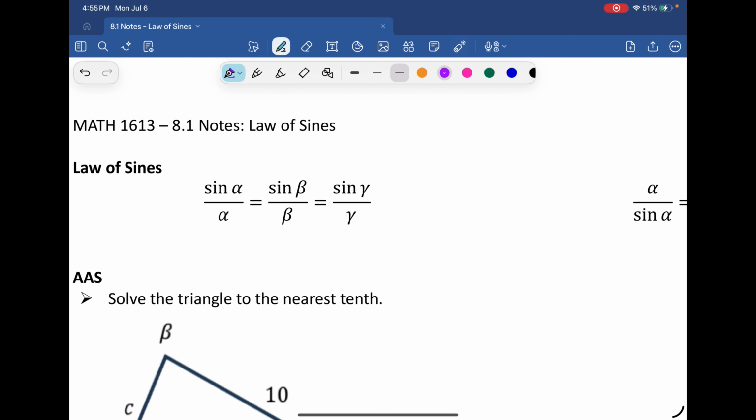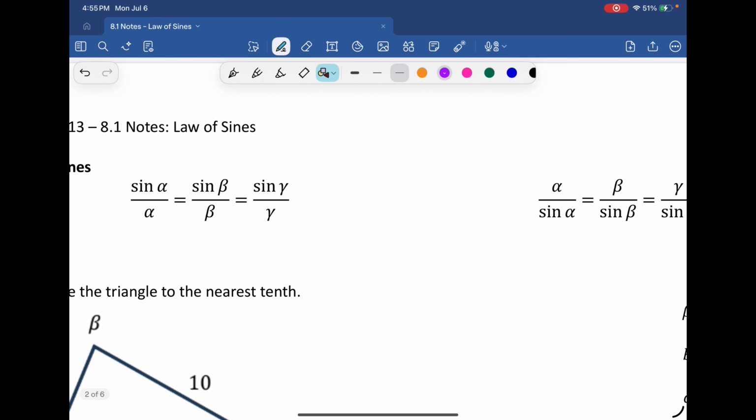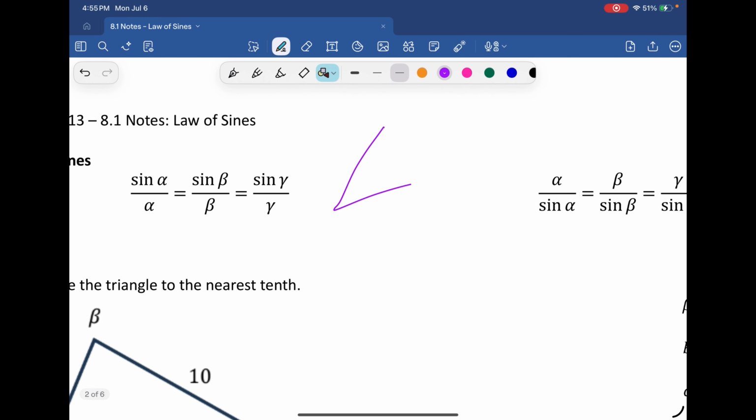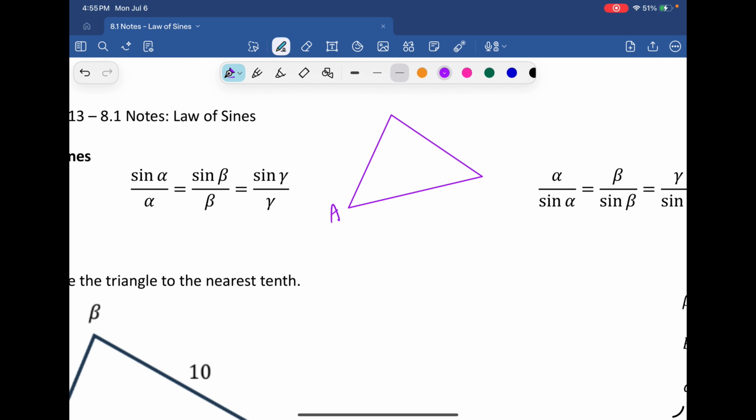All right, I'm going to draw a right triangle, or a non-right triangle, excuse me. We're going to call this angle A, angle B, angle C. If you want to use alpha, beta, gamma, that is fine.